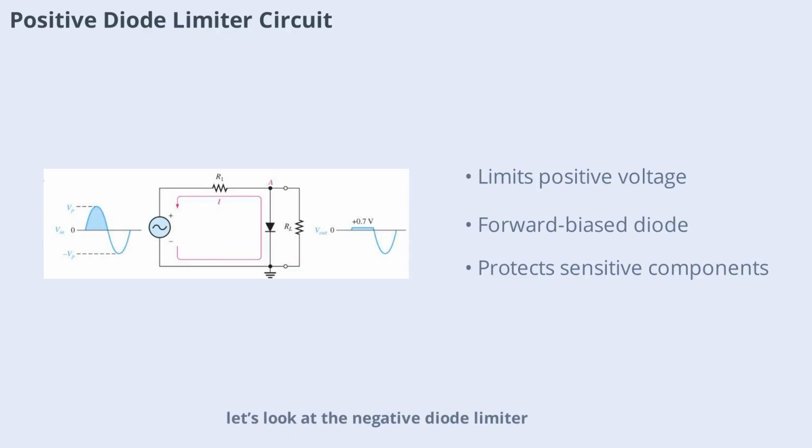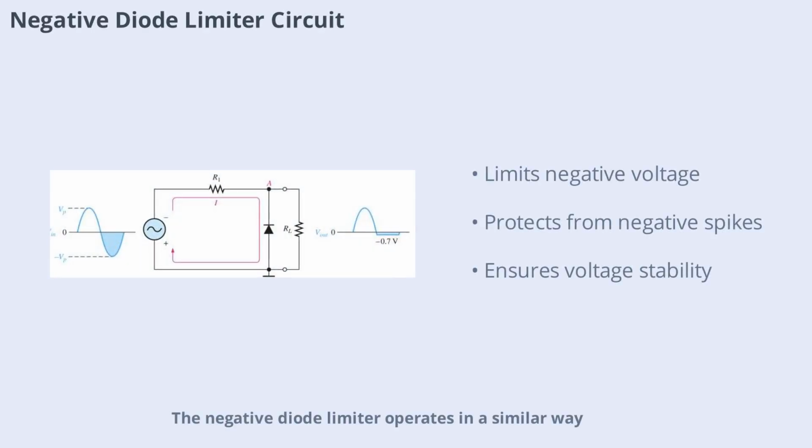Next, let's look at the negative diode limiter. It operates in a similar way, but clips the negative part of the input voltage. When the input voltage drops below a certain threshold, the diode conducts, preventing further decrease.